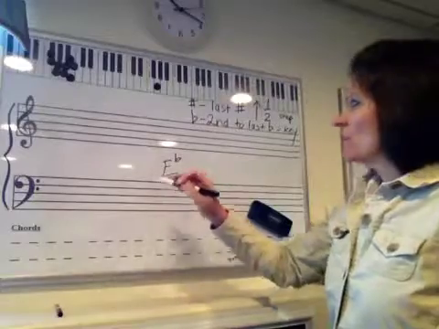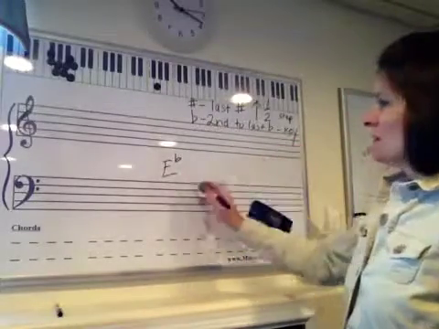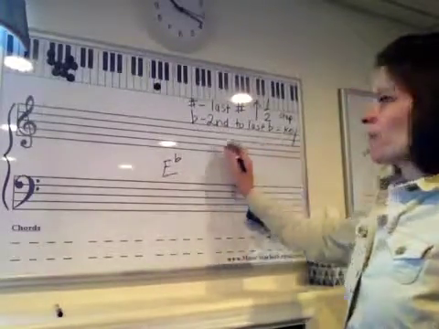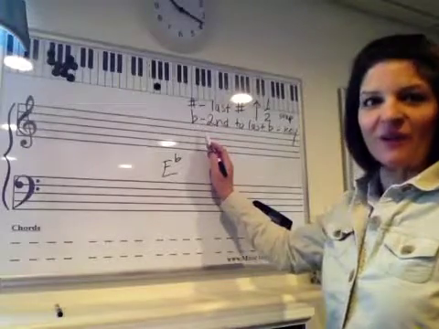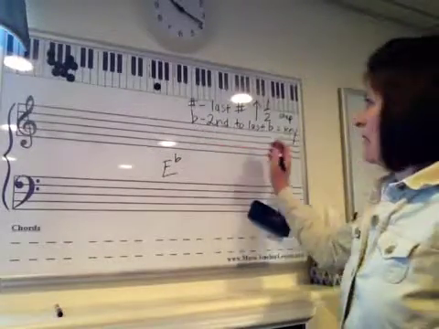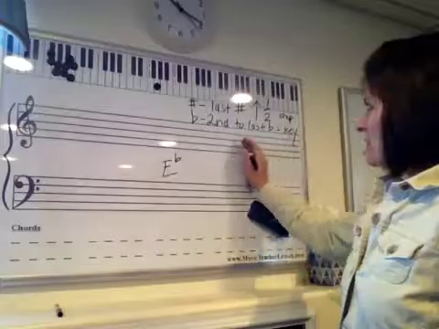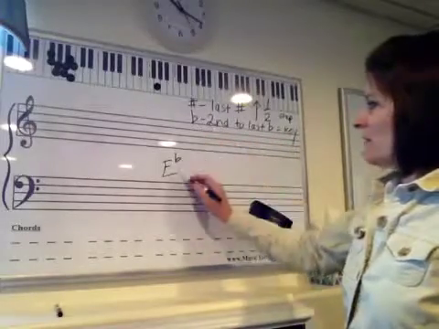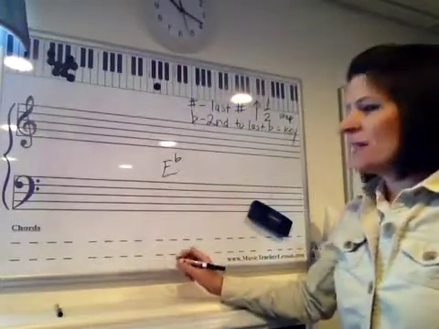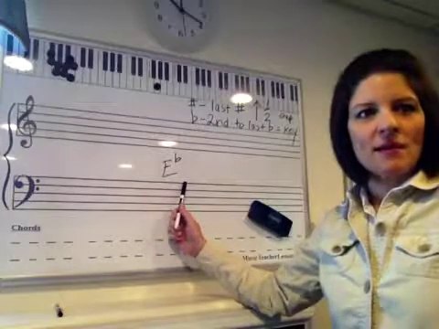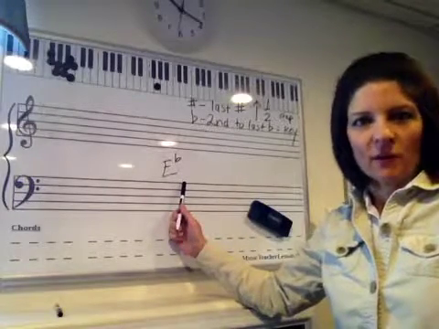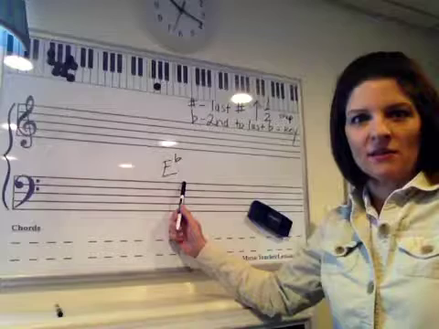So the key is E flat. We need to go through our formula backwards to figure out the flats in the key of E flat. The second to last flat is E flat. So I need to name all of my flats up to E flat plus add one more. That will give me my key signature.